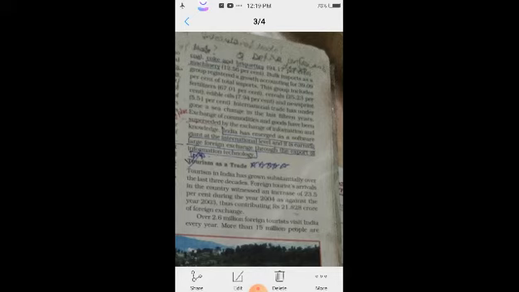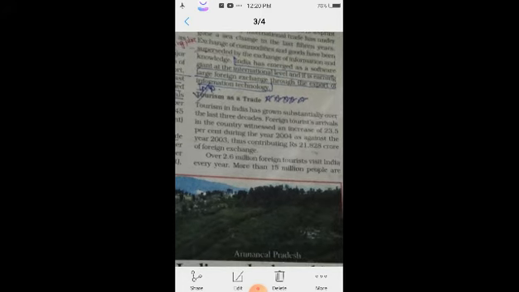India has emerged as a software giant at the international level, and it is earning a large foreign exchange through the export of information technology. Then come to tourism as a trade. Tourism in India has grown substantially over the last 3 decades.